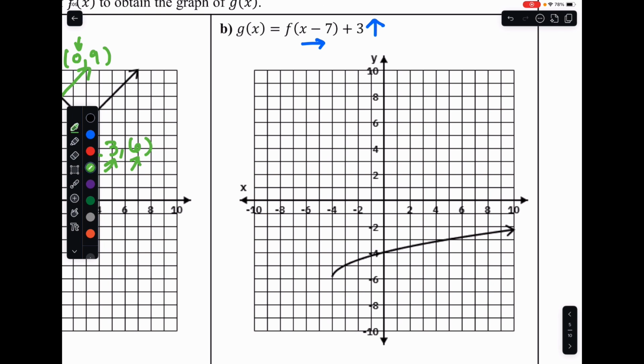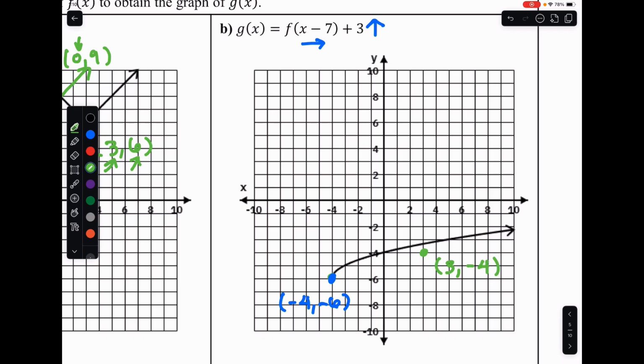So if I simply count 1, 2, 3, 4, 5, 6, 7, and 3 up, that puts this position in blue to this position right here in green. And if I look at the x value of negative 4 and y value of negative 6, look how it correlates to this x value that we're located at, 3, negative 4.